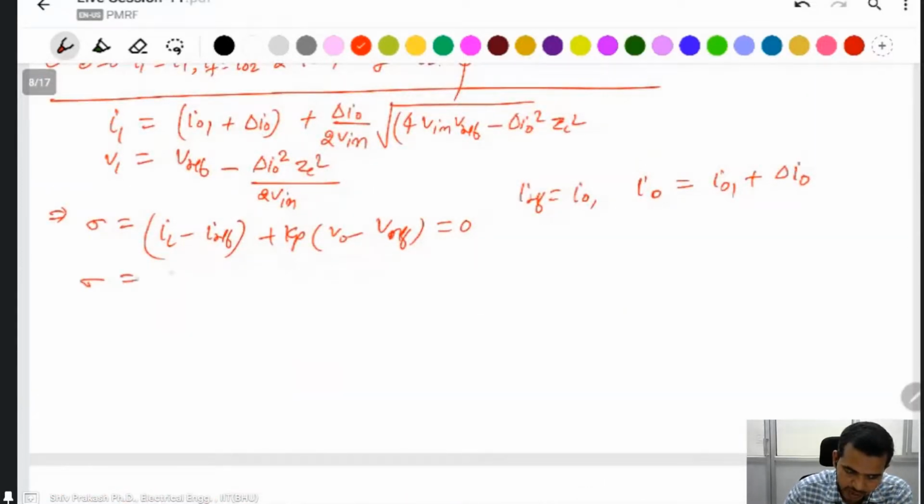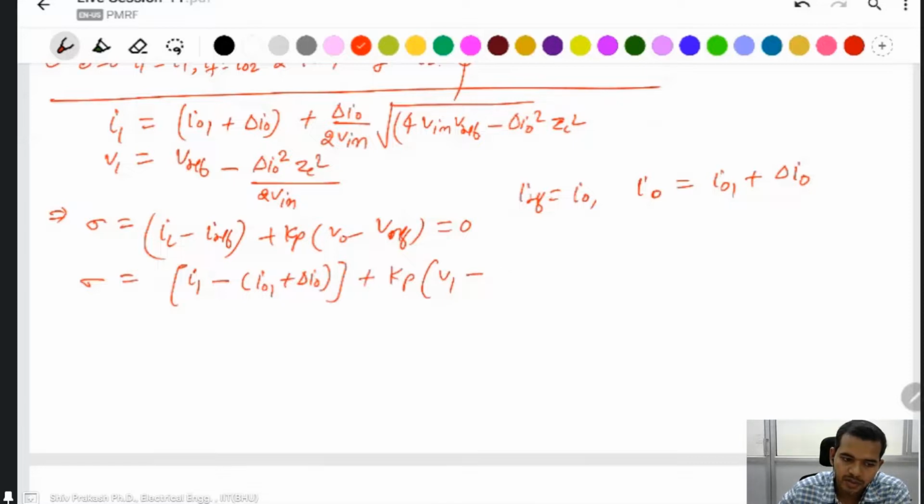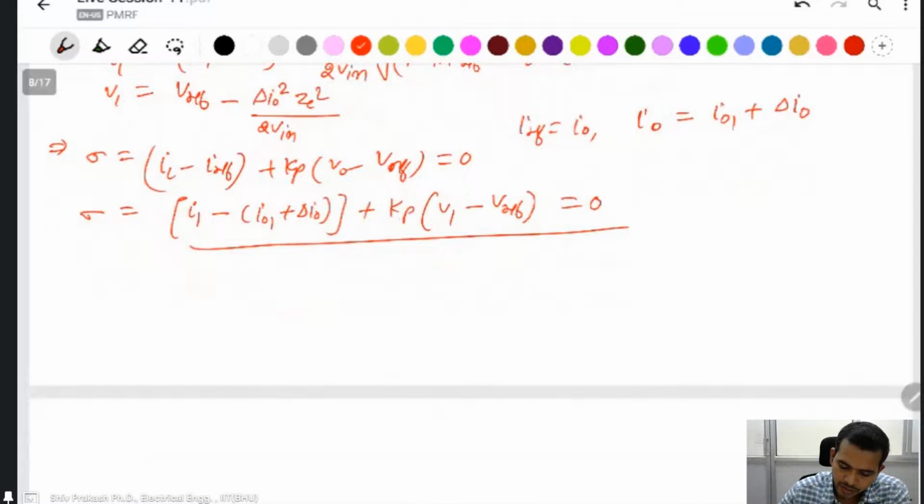Then put the value I1 for IL and I0 for I reference, where I0 is the first value I01 plus delta I, the change in current, plus Kp times V1 minus V reference, equal to 0.